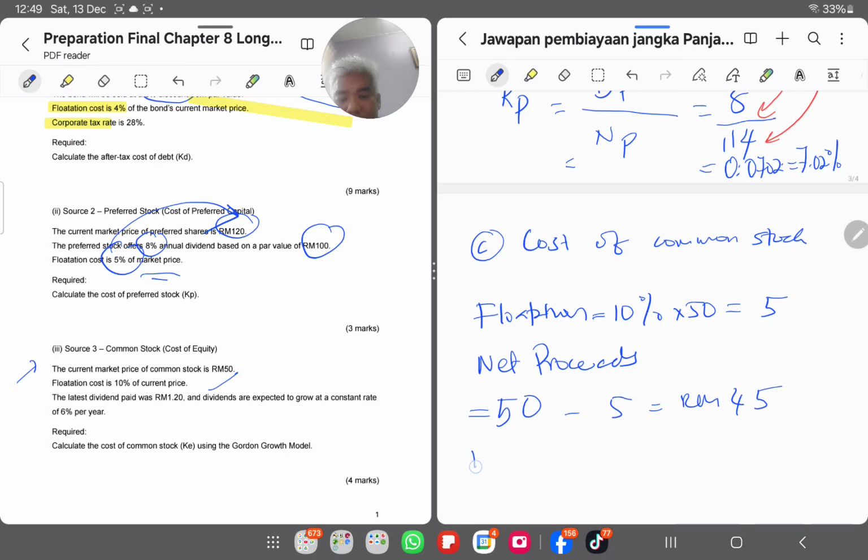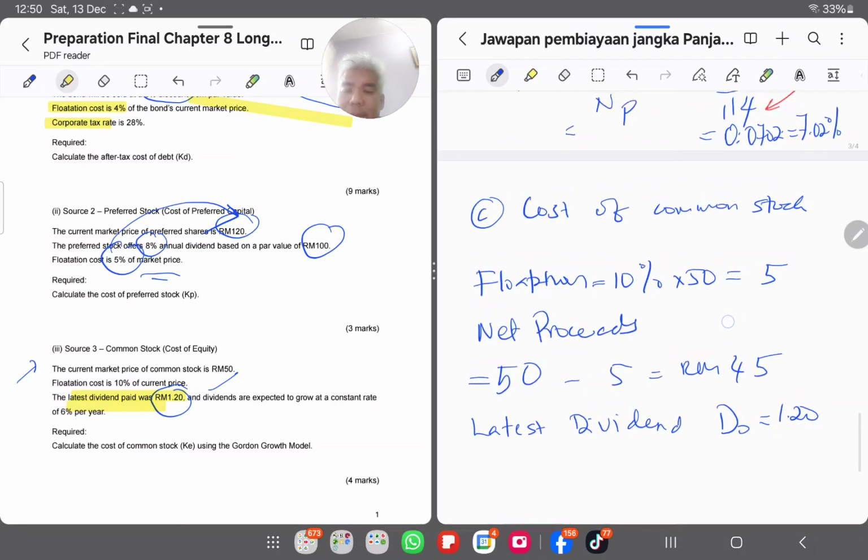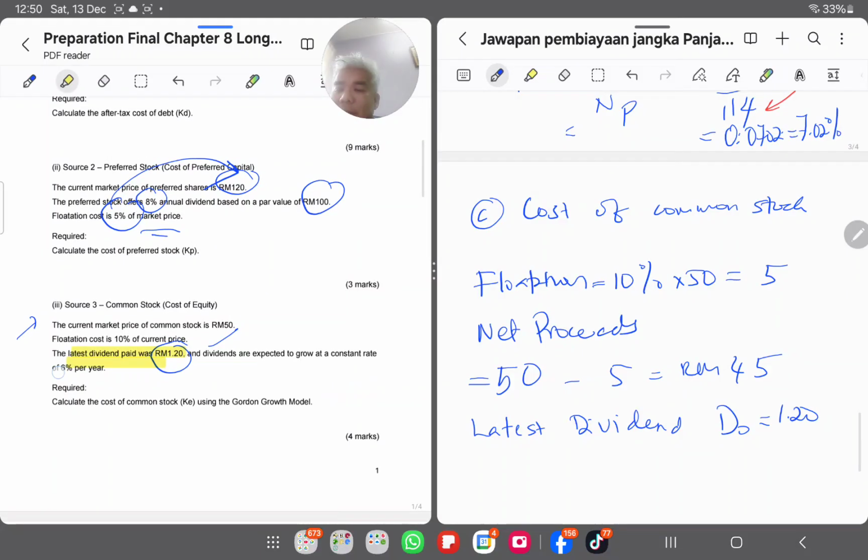And the latest dividend, this is a little bit difficult. Latest dividend is always referred to as D0. This is very important, D0. D0 is 1.20. Some students are always confused about the latest dividend. The latest dividend or dividend at year 0 is 1 ringgit 20 cent.